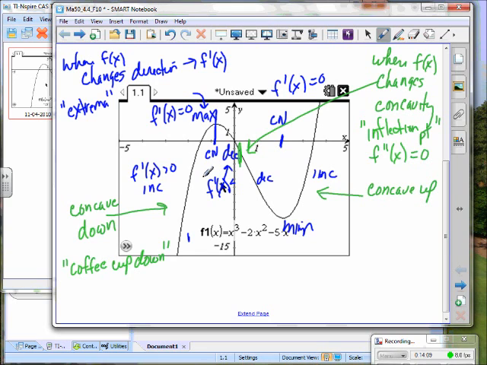There's always the chance that it doesn't behave like we expect to. But where the second derivative is 0, that is where the change of concavity may occur. Now, that's just an illustration of this. Let's go back and look at this formally and get all the other notes in.